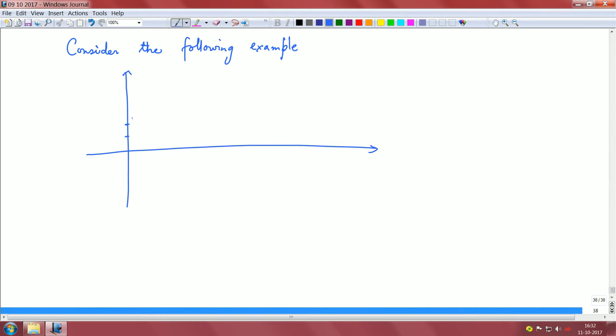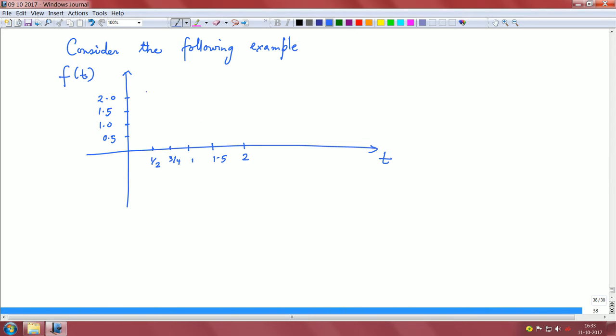Here I have 0.5, 1, 1.5, 2 on the axes, half, this is 1, this is 3/4, and some f of t.